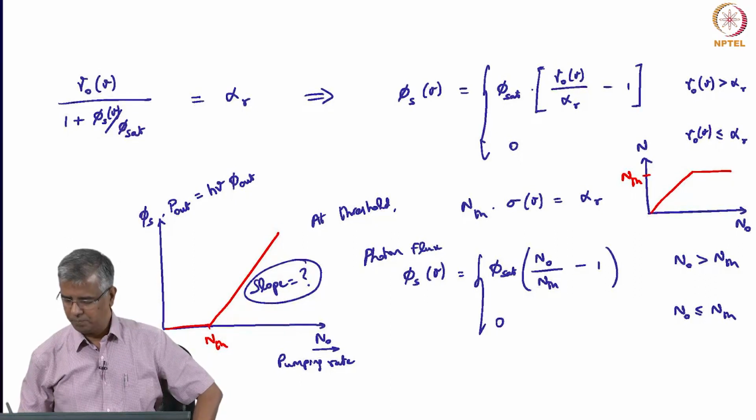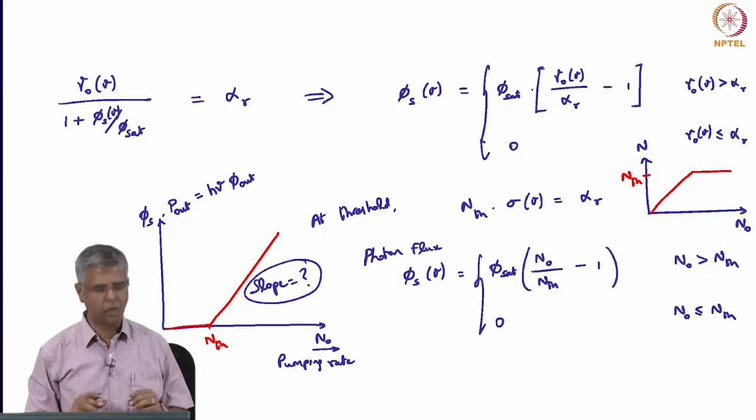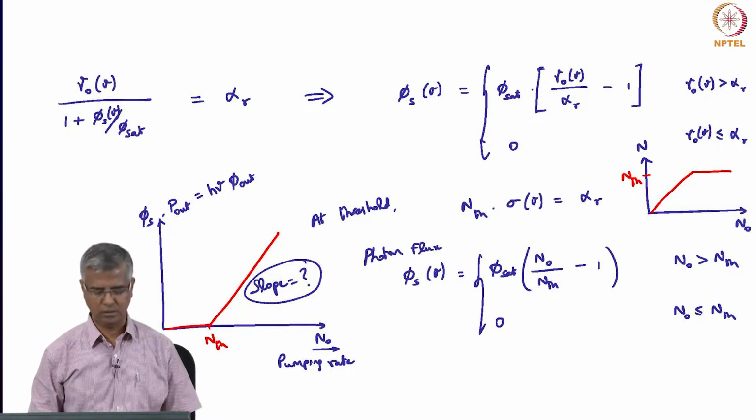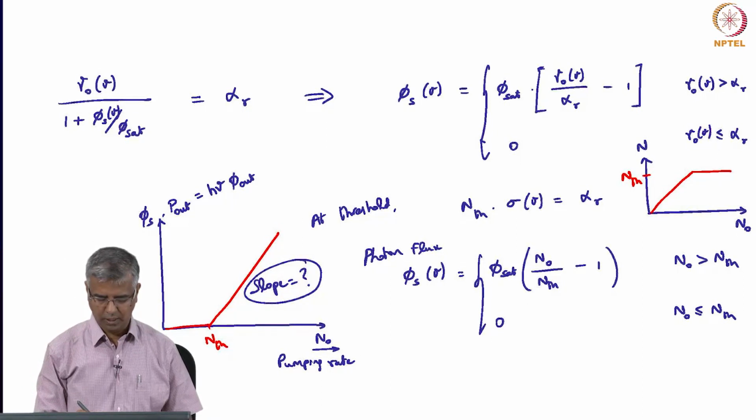Okay, so just to get all of these together, let us go through a very simple animation, which is showing how this laser works, right. And once again we are looking at a Fabry-Perot cavity with a gain medium in between the mirrors.